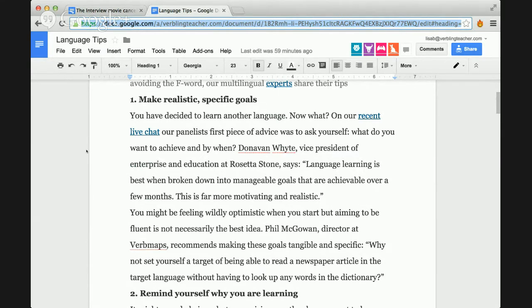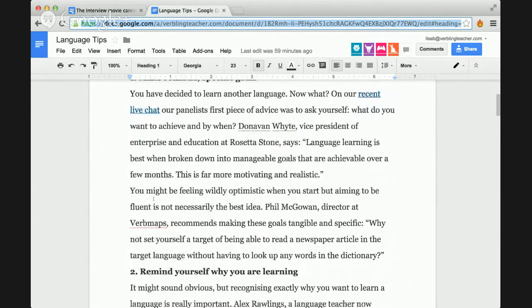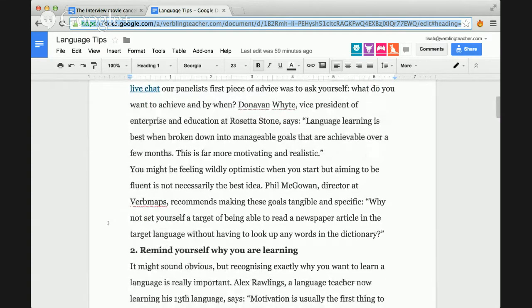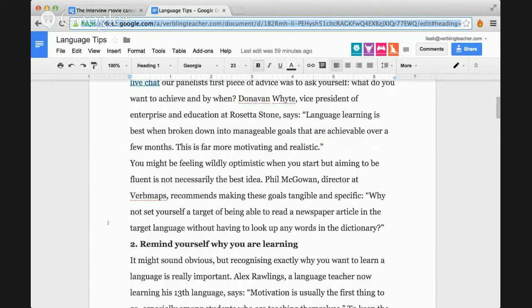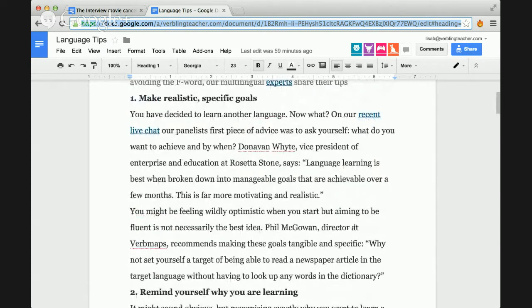This is far more motivating and realistic. You might be feeling wildly optimistic when you start, but aiming to be fluent is not necessarily the best idea. Phil McGowan, director at Verb Maps, recommends making these goals tangible and specific. Why not set yourself a target of being able to read a newspaper article in the target language without having to look up any words in the dictionary?